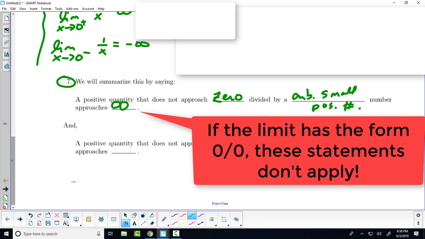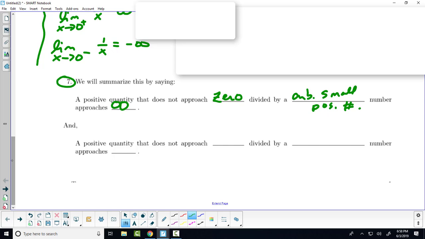That's really, really important. Same thing: if a positive quantity that does not approach 0 is divided by an arbitrarily small negative number, then the quotient approaches negative infinity.